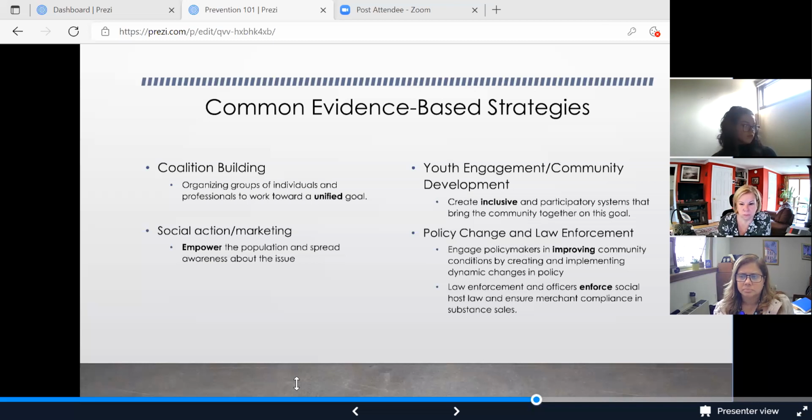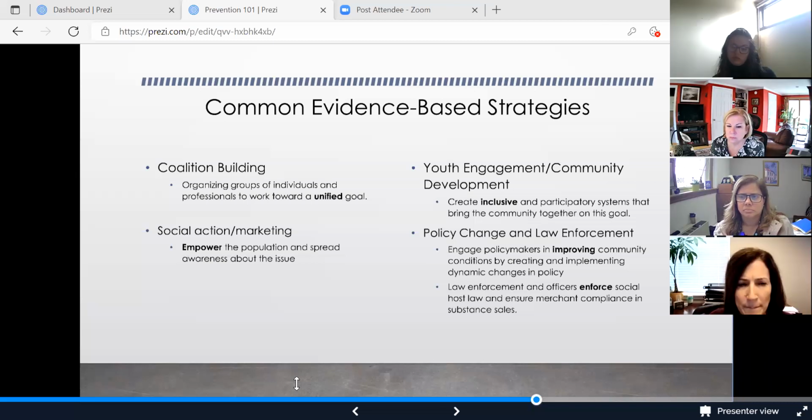Law enforcement enforce what social host law is, and also enforce the laws that have been put in place by our policymakers and show that there are consequences and increase the perception of risk. So this is just basically a short list of common evidence-based strategies that we might use when we are going forward in our prevention efforts.